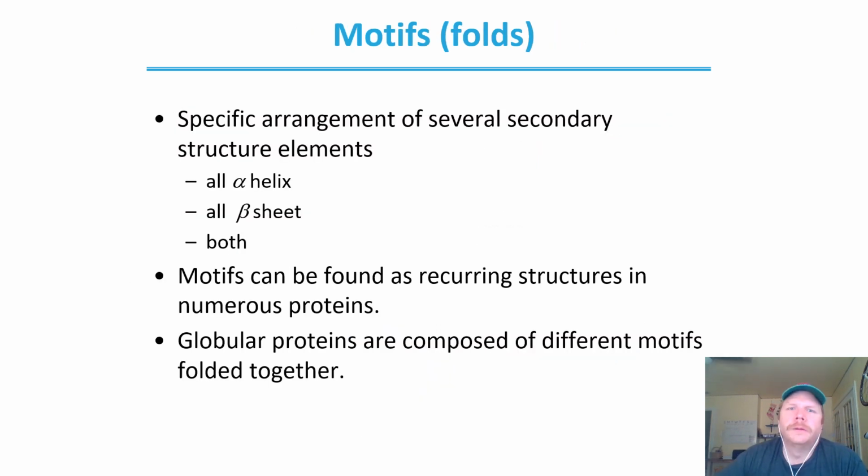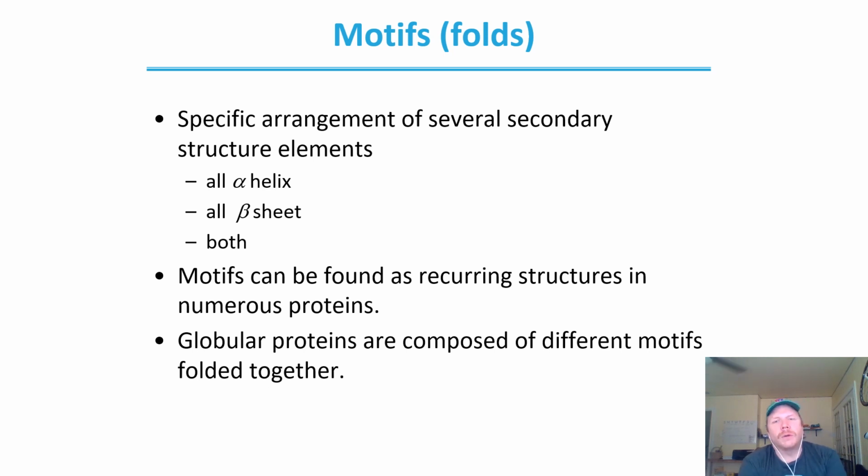When it comes to predicting, and this is the thing I mentioned about patterns, when evaluating the tertiary structure of proteins, one of the things you have to understand is that there is a bit of a pattern. There are things known as motifs, also known as folds. Motifs can be found as recurring structures in numerous proteins.